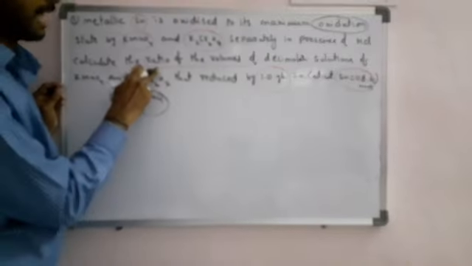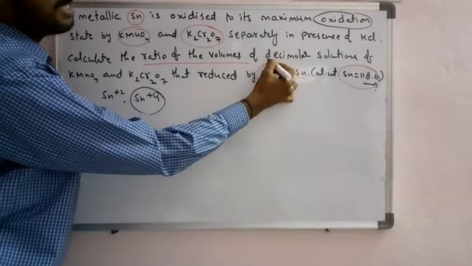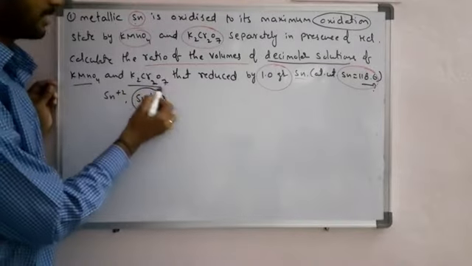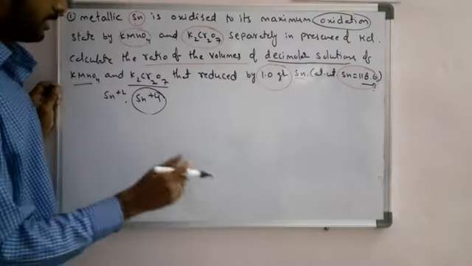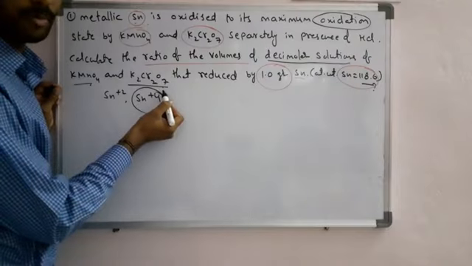Now we need to calculate the ratio of the volumes of decimolar solutions of potassium permanganate and potassium dichromate, these oxidizing agents, which are reduced by 1 gram of tin. Potassium permanganate and potassium dichromate are oxidizing agents, so they oxidize the tin; tin reduces the potassium permanganate and potassium dichromate.